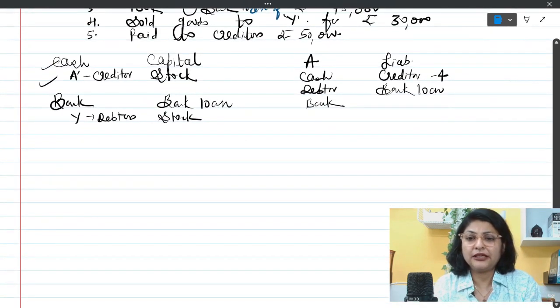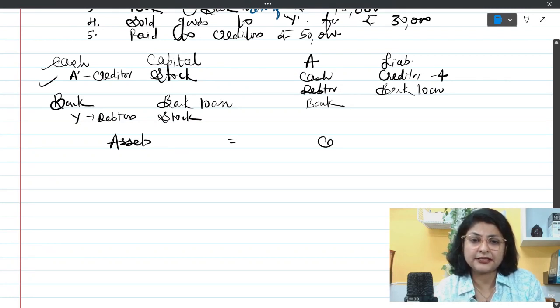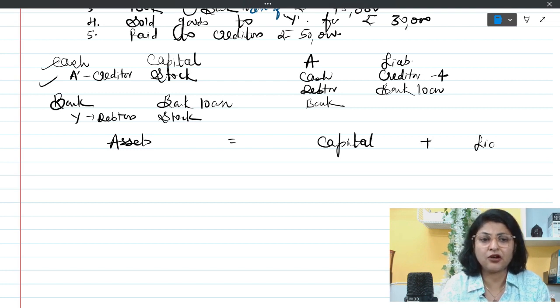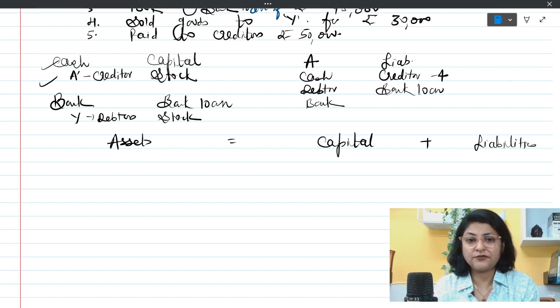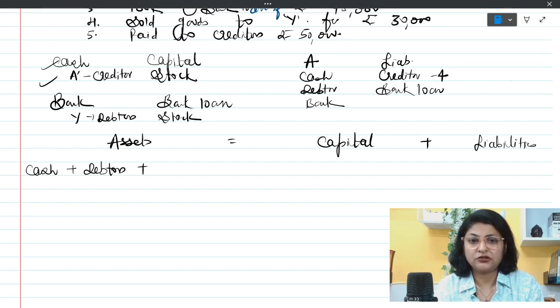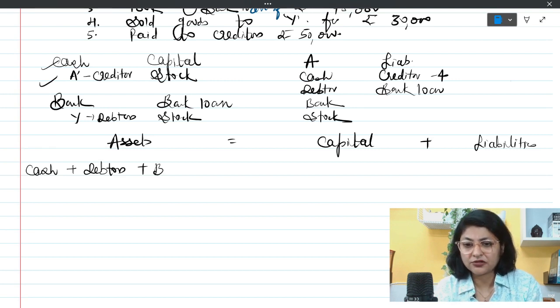So now I am making the accounting equation. I am writing assets is equal to capital plus liability. You have to maintain a proper gap when you are writing it so that you can incorporate the number of columns we want. Under assets we are incorporating cash plus debtors plus stock, plus bank was also there.